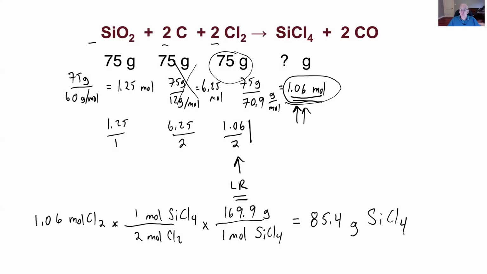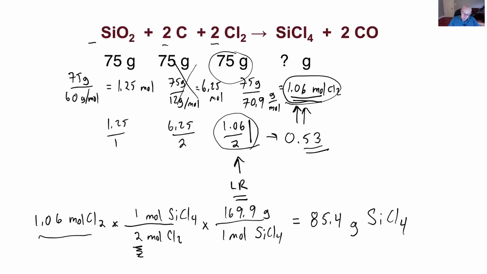Notice, very important thing, when I did this, I started my calculation with 1.06 moles. That's the actual number of moles of Cl2. I did not start here by saying I had 0.53, right? Because I don't have 0.53 moles of Cl2. If I start off with this 0.53 and I put this 2 down here again, then I will have divided by that same 2 twice, and I'll get the problem wrong, okay? So be very careful about that. I see students do that a lot.